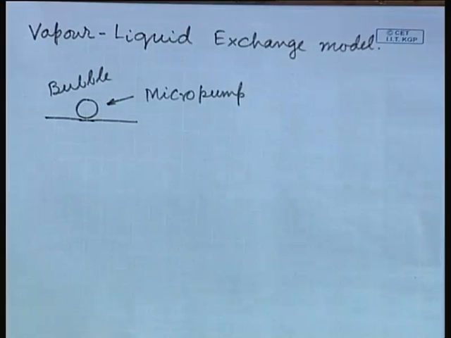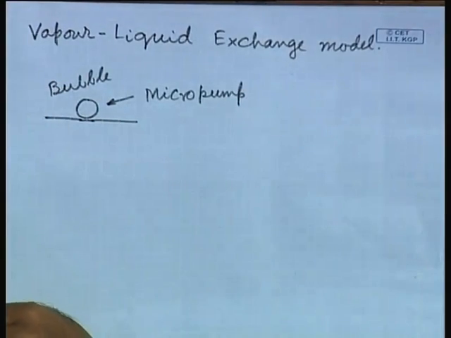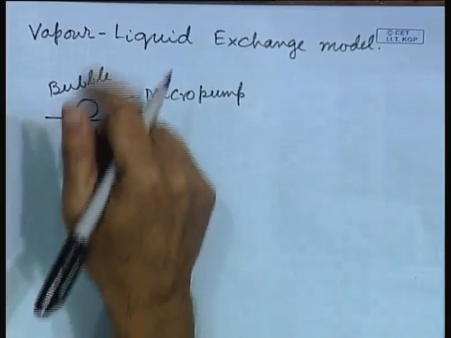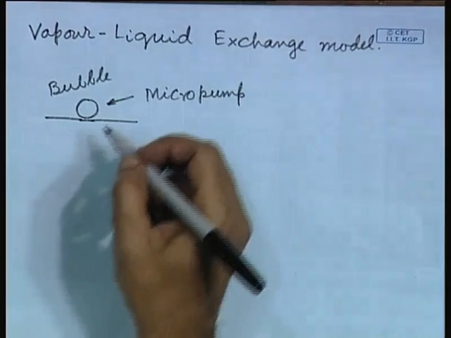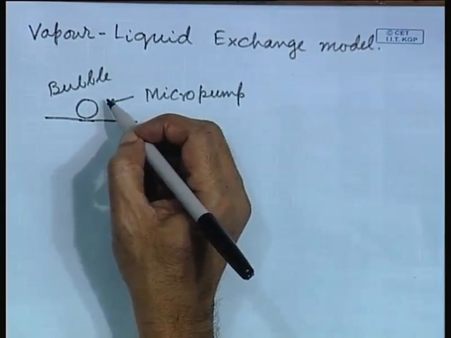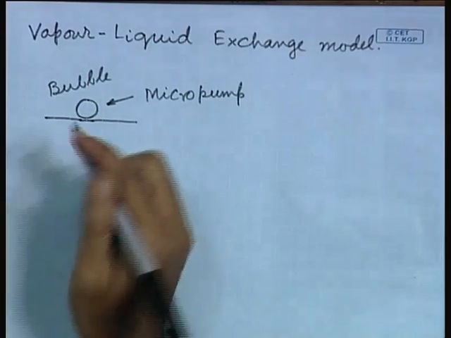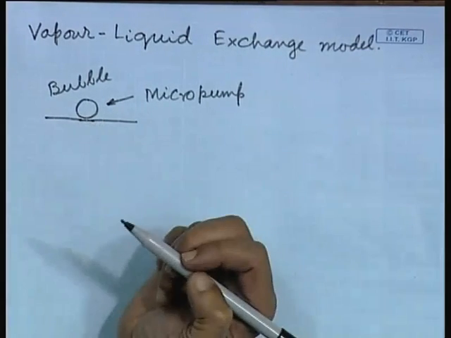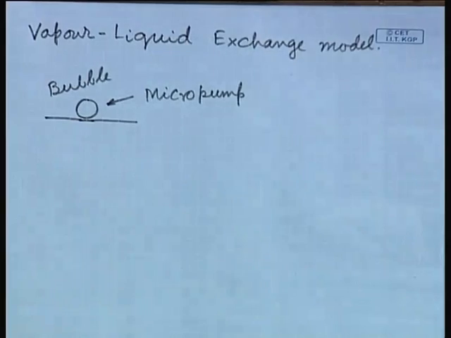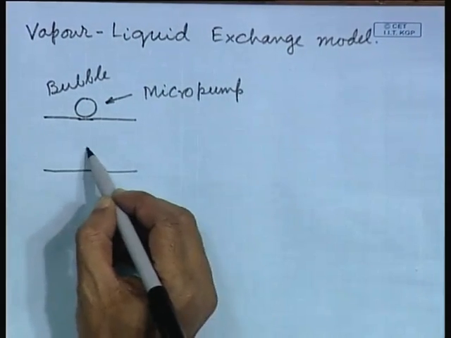So, let us say the bubble somehow collapses, or the bubble leaves this particular surface. If it is leaving this surface, then it is leaving some sort of a void, or if it is collapsing, it is creating some sort of a void. So, the fluid will rush towards the point where the bubble was. And then let us say the bubble is growing.